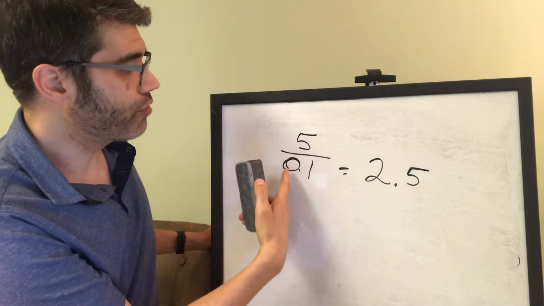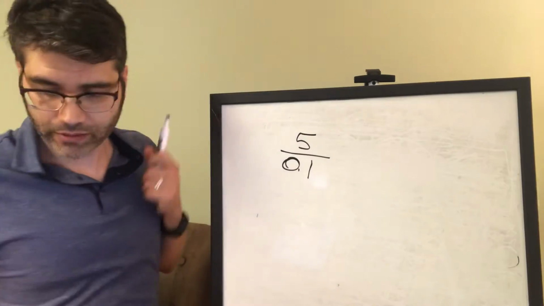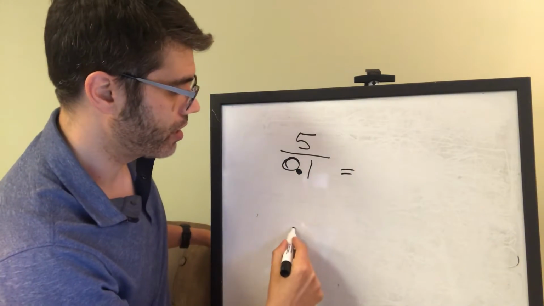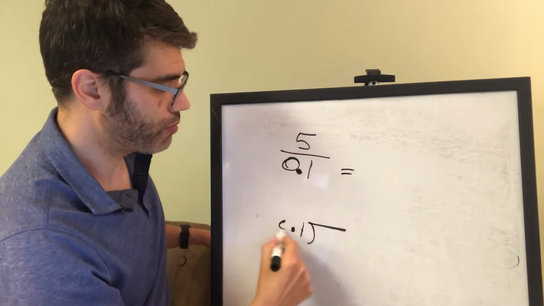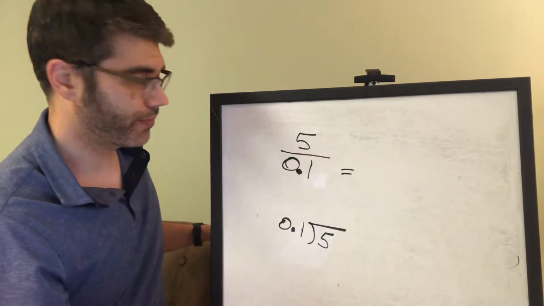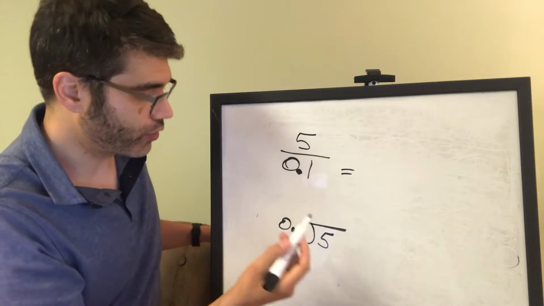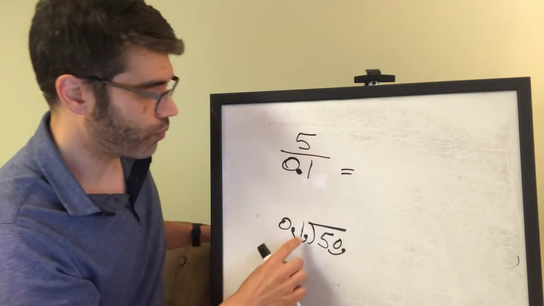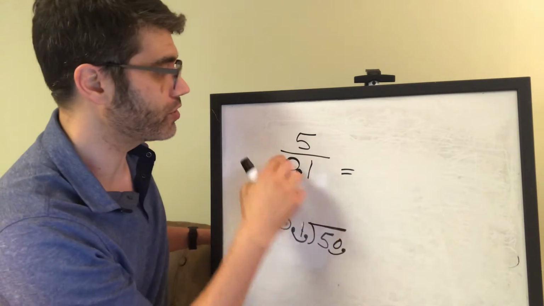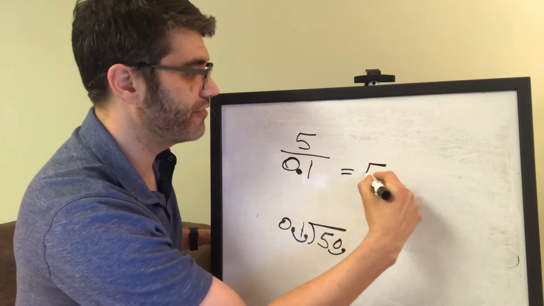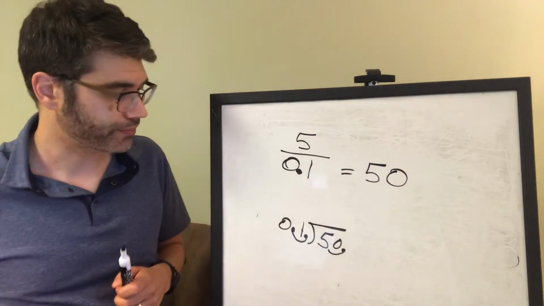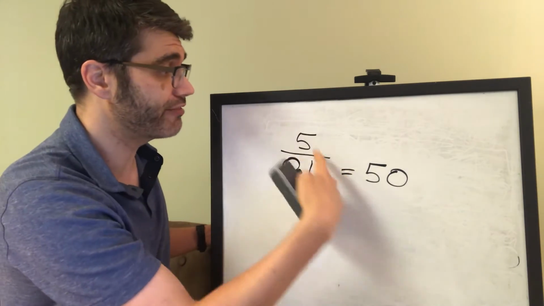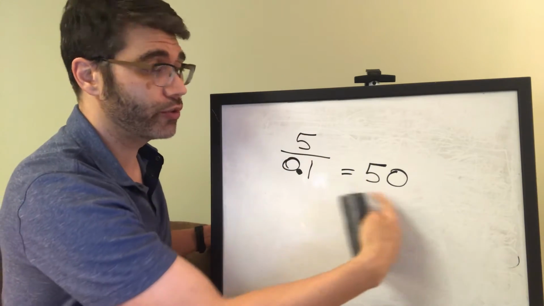If I have 5 over 0.1, that would be equivalent to putting 0.1 into 5, okay? Which, in order to divide, I need to move this one, move this one. 1 goes into 50 50 times. So 5 over 0.1 is 50.